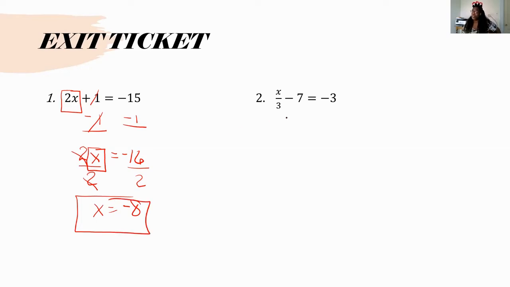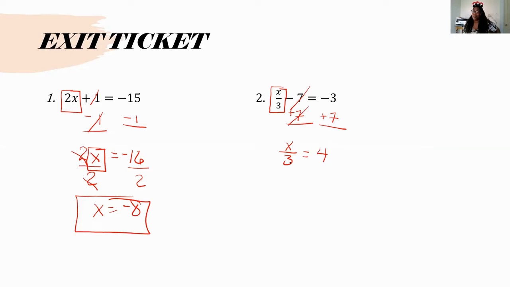For number 2, same thing. Right now, x divided by 3, they're together. We can't break them up. But this minus 7, we need to get rid of, so we add 7. Whatever I do on one side, I do on the other. Negative 7 plus 7 gives me 0, a placeholder. Then negative 3 plus 7 gives me 4.